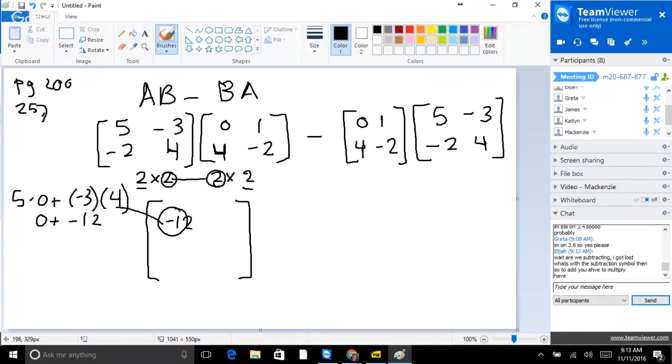What is the subtraction symbol then? So we have to add. Yes, you add and multiply the negative signs. Sorry, this subtraction one, Greta, thank you. The subtraction one there is going to happen afterwards. Just like with numbers, we use the order of operations.